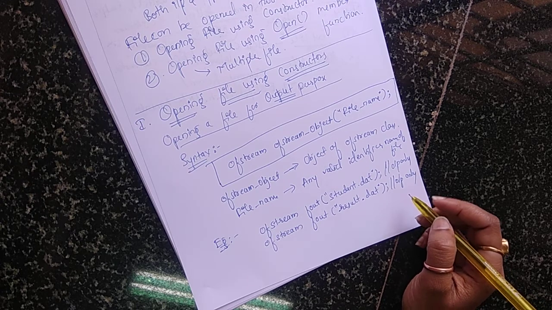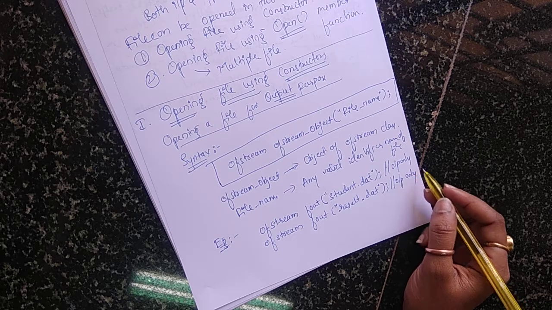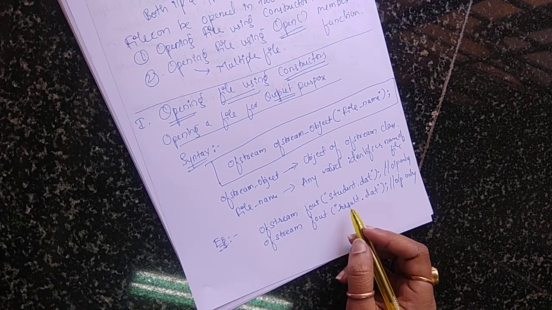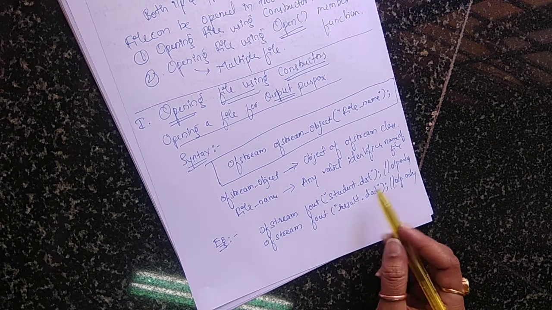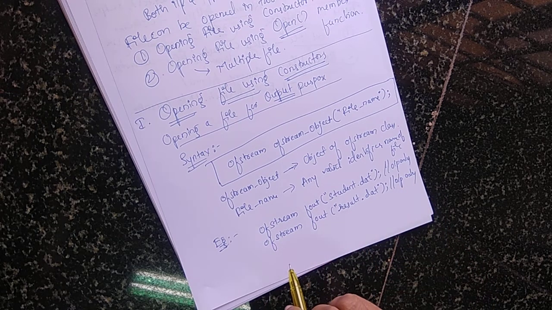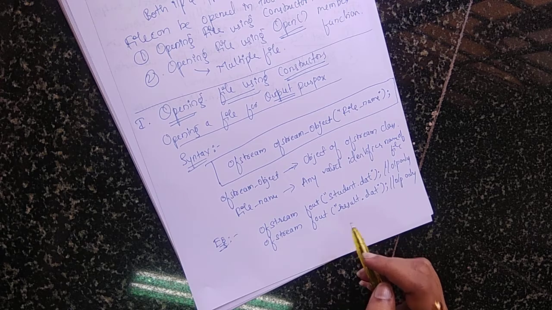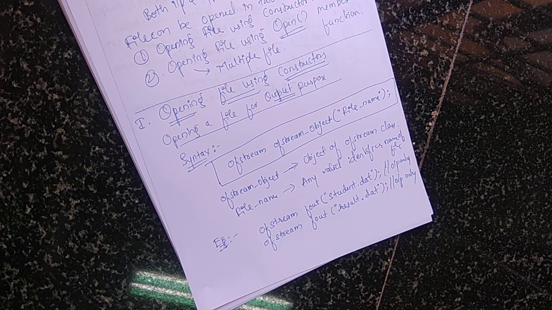We are stressing this because we are using the ofstream class and its object. If you are opening these files using your ifstream class, then these files can be opened for input purpose. But here these are opened only for output purpose.